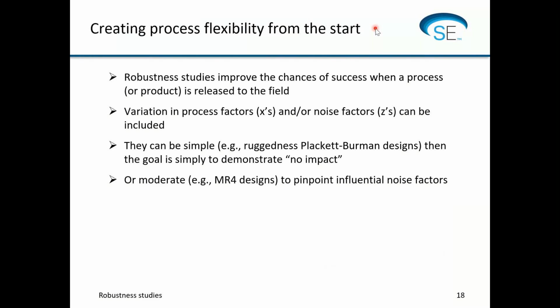If you've got 20 things that you're trying to evaluate, or upwards of 10 even, you're probably going to need to use a Plackett-Burman and just deal with the potential alias issue. And you can do different techniques like fold-over designs to try to get at that a little bit. But if you have fewer factors, like maybe 8, the MR4 design might be a good choice.